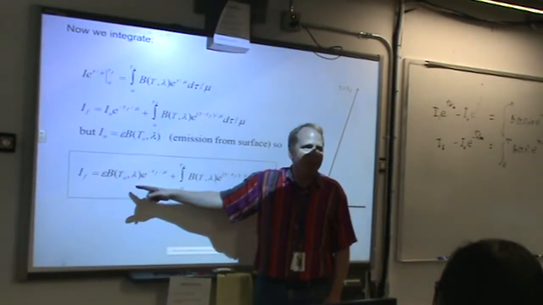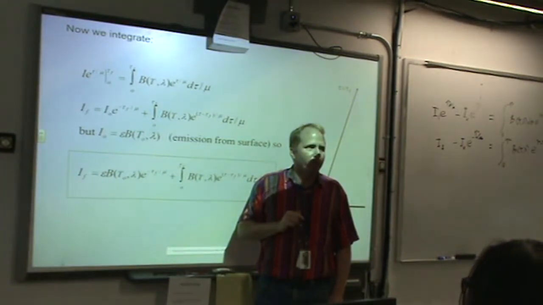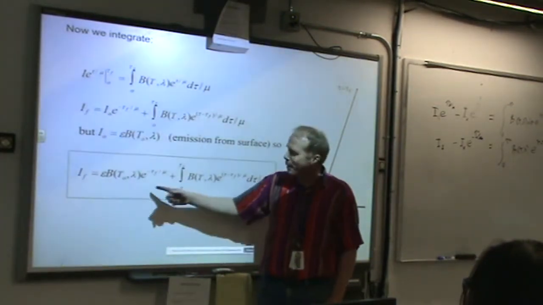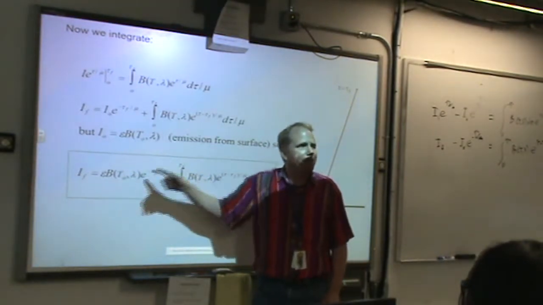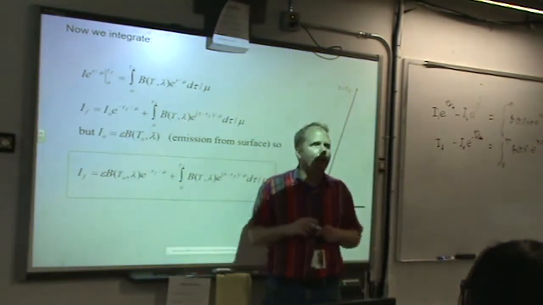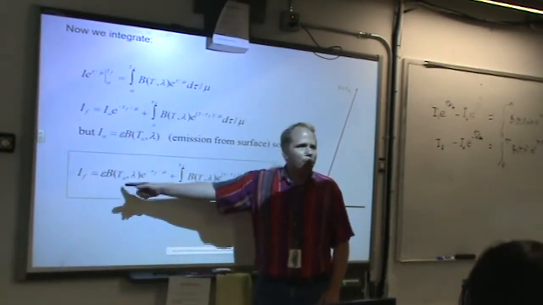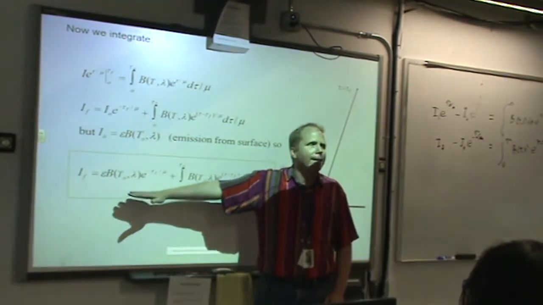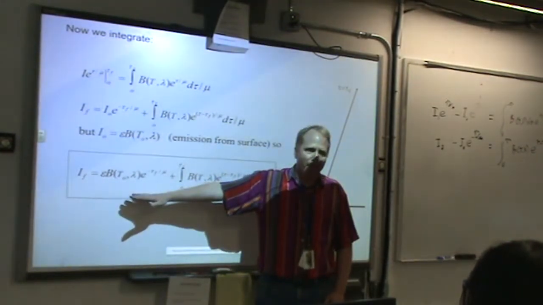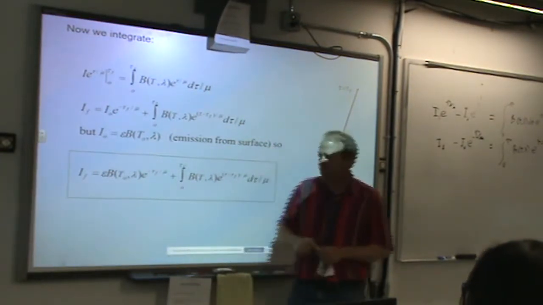Then what happens? As it goes through the atmosphere, it's going to be reduced by Beer's law. So we got just the surface being reduced by the atmosphere due to Beer's law. So that term should make sense. So our panic attack in that term should be over by now. Okay? Emission just absorbed by Beer's law.